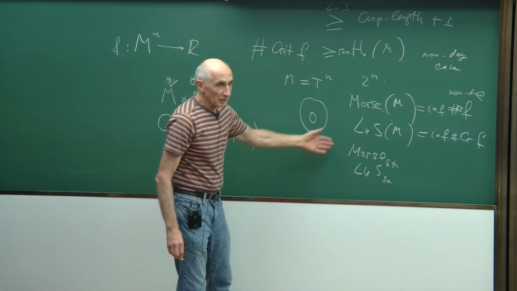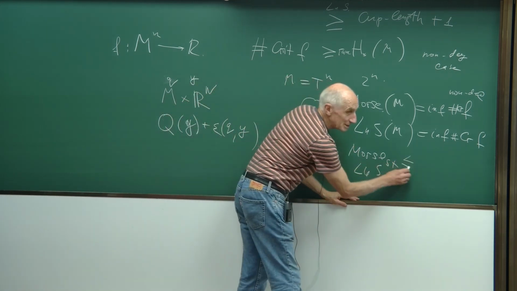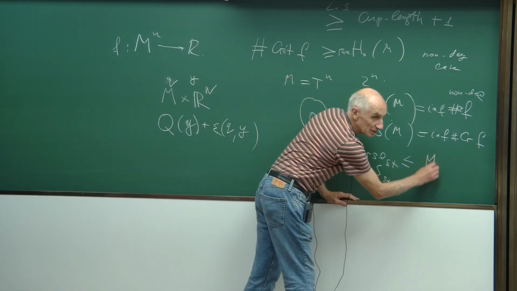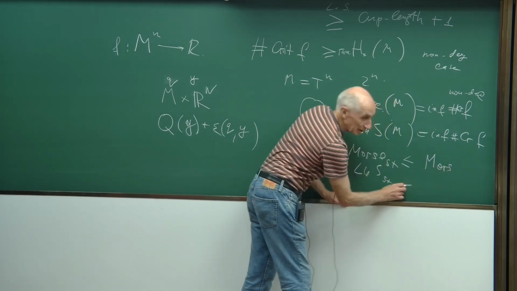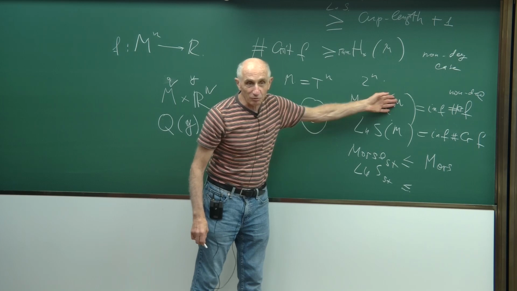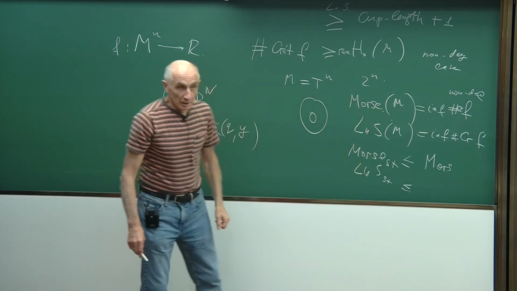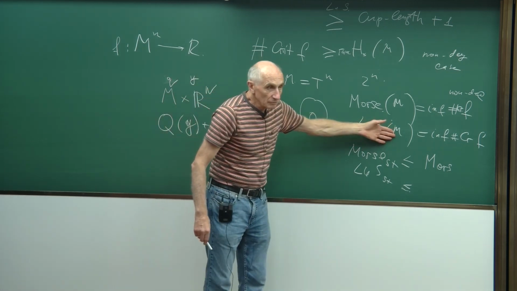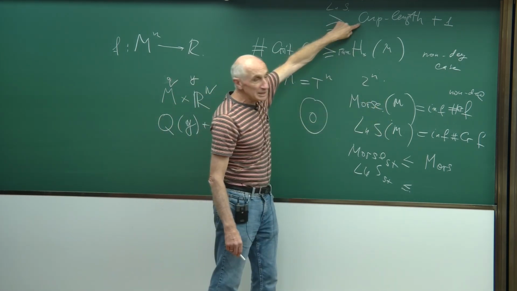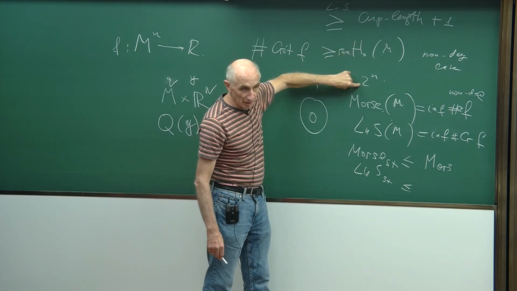Of course the stable number is less than or equal to the actual Morse number, because you can always add a quadratic form and get the same number, but maybe you can do better. It was well known that these two inequalities also hold for the stable number.